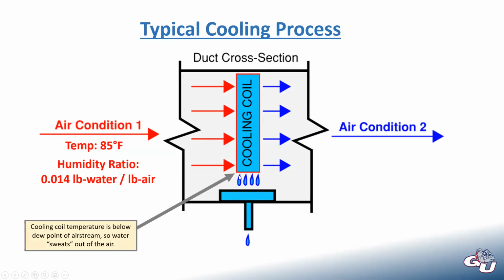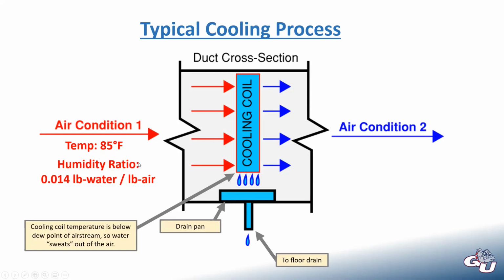That water sweats off the coil. We have to collect it in some sort of drain pan. We don't want it just going wherever. And then from there, we have to take it to a floor drain somewhere in the building. We have to get rid of that water, which can actually be a pretty big deal from a design perspective, figuring out how to get rid of that condensate, is what they call it, the cooling condensate.